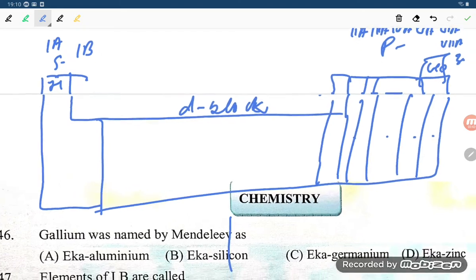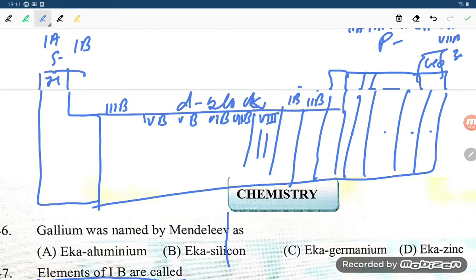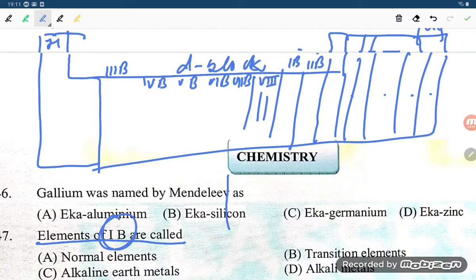And here, students, this is the first B, this is the second B. Now this will be the third B, fourth B, fifth B, sixth B, 7B, and then the eighth group. Okay, the eighth group, right, students? The eighth group has 3 groups. So where are they asking, first B belongs to where?